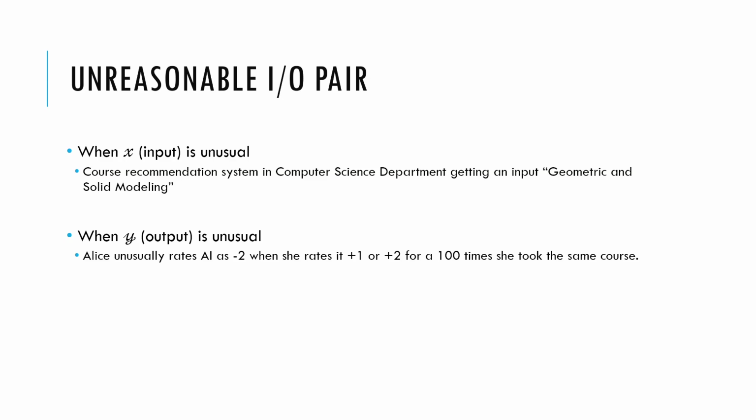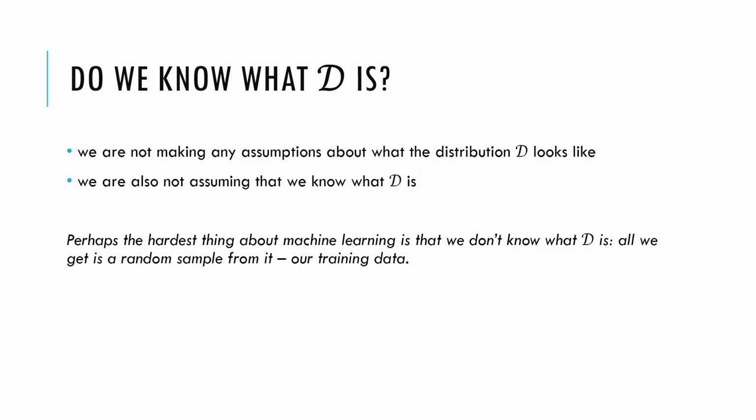So that's the idea of the probabilistic model, stating that there is a probability distribution that generates reasonable data. And that's it. So, do we know what D is?